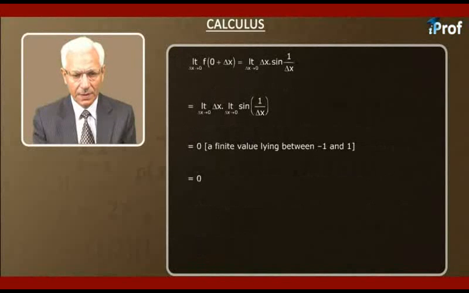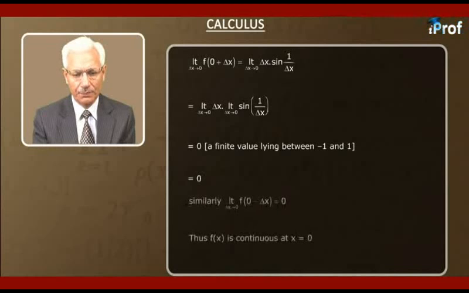Now we take up limit delta x tends to 0 of f of 0 plus delta x, which is limit delta x tends to 0 of delta x times sine of 1 by delta x, which can be written as limit delta x tends to 0 of delta x into limit delta x tends to 0 of sine of 1 by delta x, which is equal to 0 multiplied by a finite value lying between minus 1 and 1, because sine of any angle lies between minus 1 and 1, which is finite, which when multiplied by 0 becomes 0.